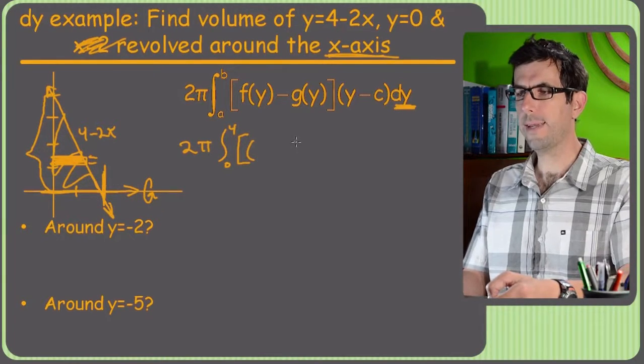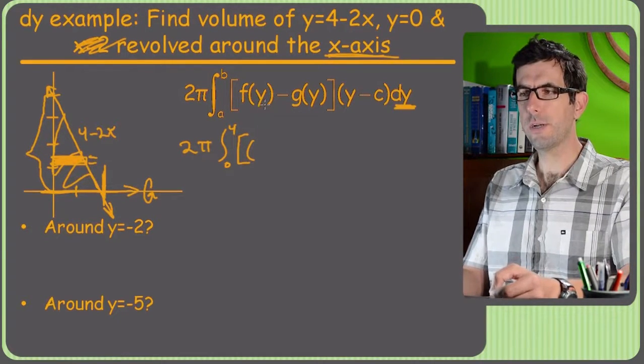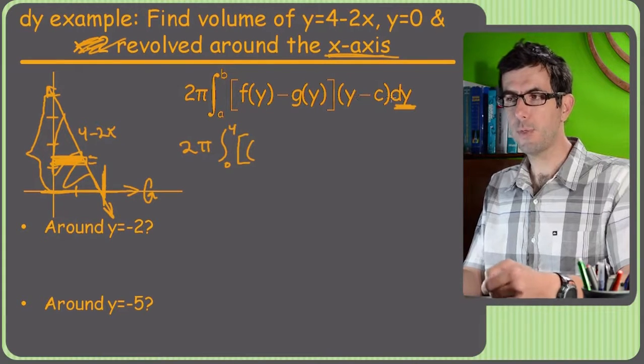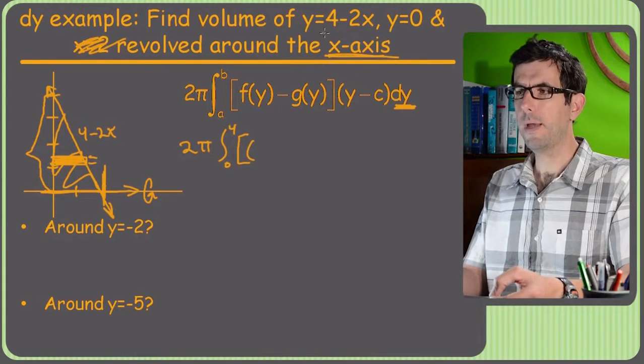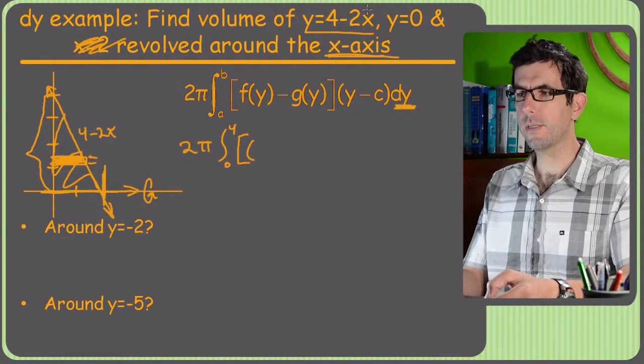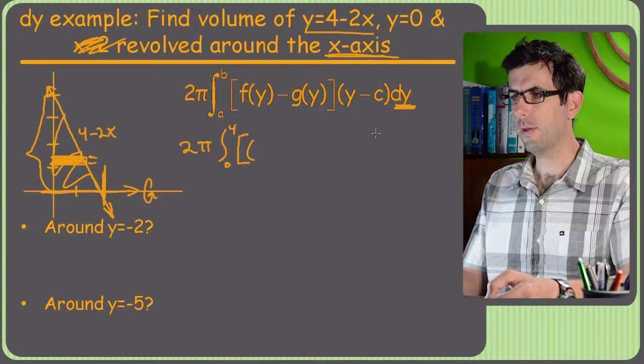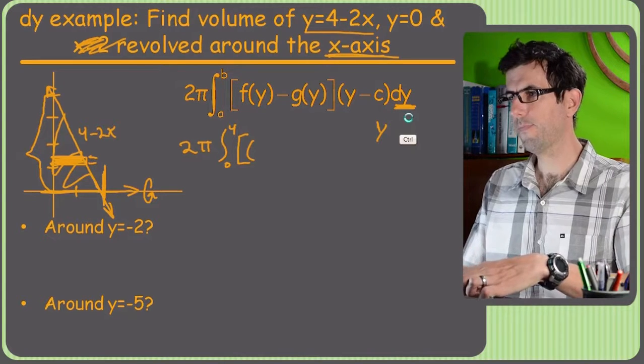All right, so f of y and g of y. Now you'll notice that I've actually got a slight situation here because I need the function in terms of y. Since I'm doing dy's, it has to be in terms of y. But this was in terms of x. So I've got to rearrange this equation and solve it for x.